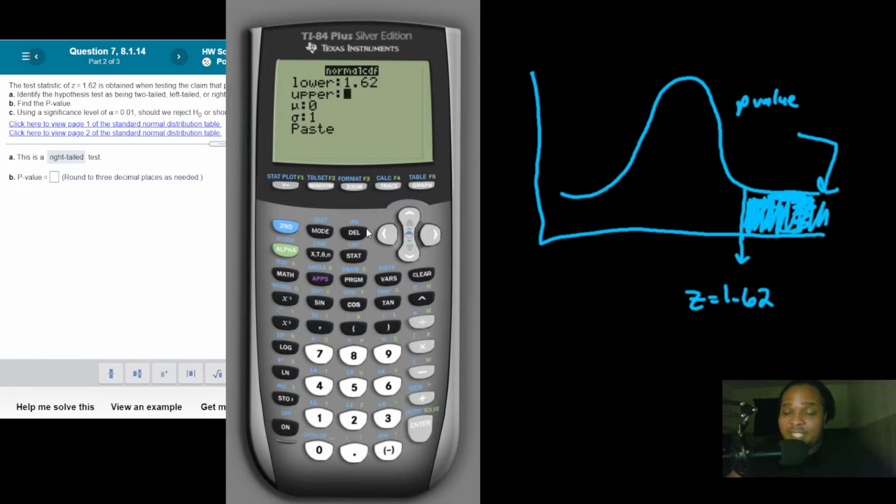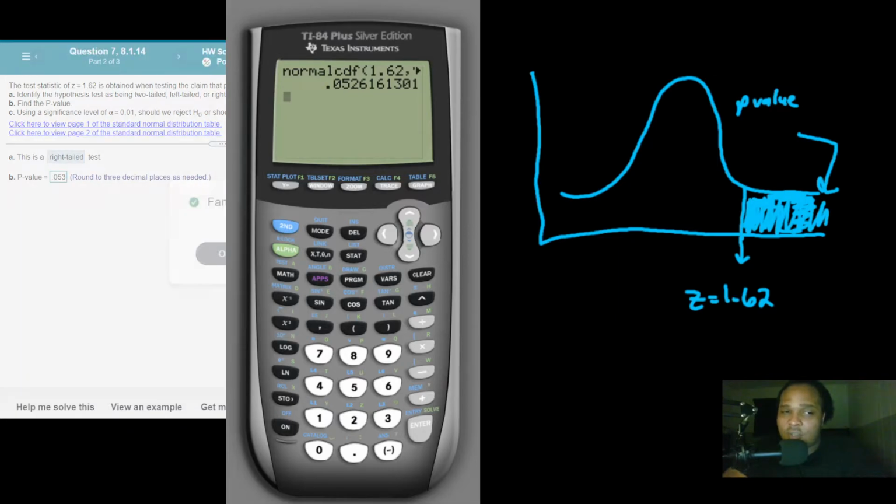The upper is infinity, which you can just put a bunch of 9s like that. Your mean is 0 because we're dealing with the z-score. Standard deviation is 1 because we're dealing with the z-score. Hit enter, enter, and there's your p-value right there. How many decimals? They wanted 3 decimals. So this is 0.053. And that's it. That's your p-value.